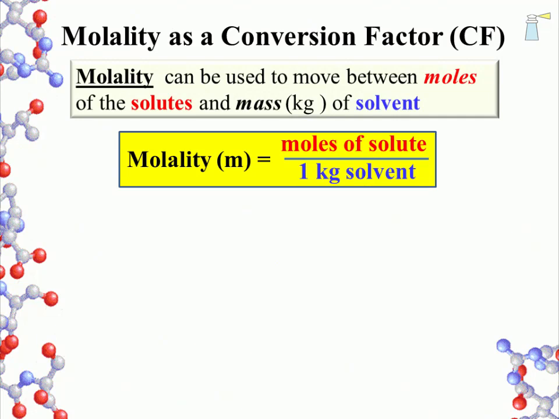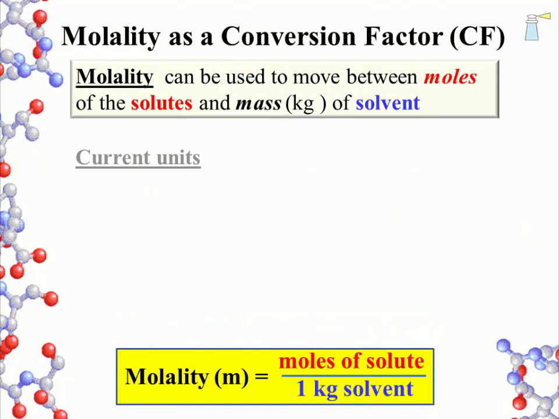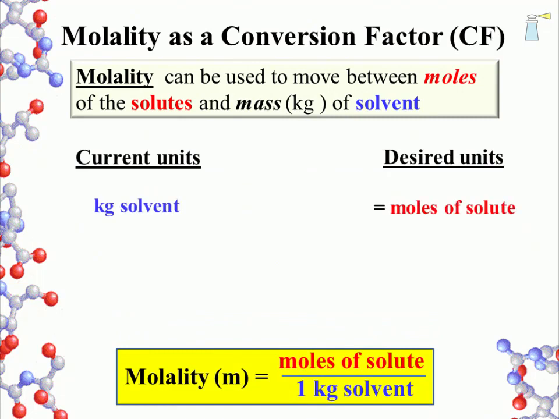Molality can be used to move between moles of the solute and the mass, kilograms, of solvent, much in the same manner as molarity allowed the conversion between moles of solute and liters of solution. Using the same headings of current units and desired units, conversion between kilograms of solvent and moles of solute requires a molality in an orientation that has kilogram units cancel out, leaving the desired units of moles of solute.